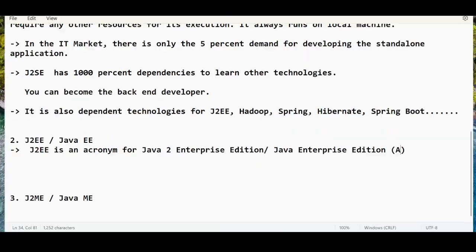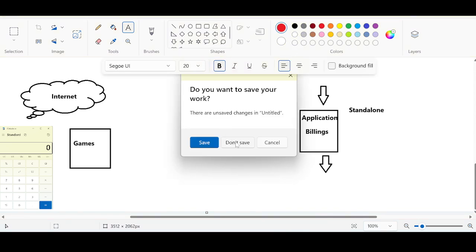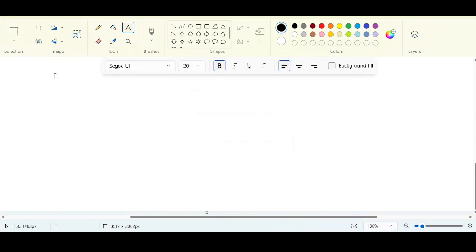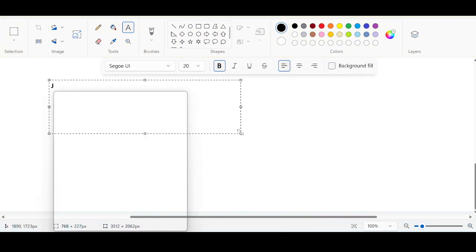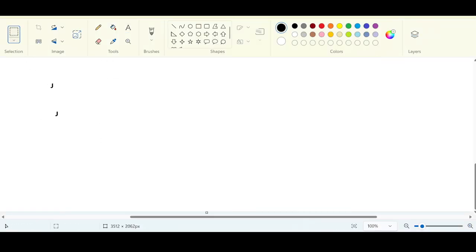Okay, let me put it in the paint screen. Give me a minute, guys. There is some glitch in my system.